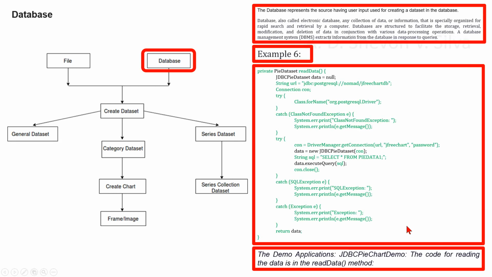Now we are considering the JDBC pie chart demo in the demo application. The code for reading the data is in the read data method.